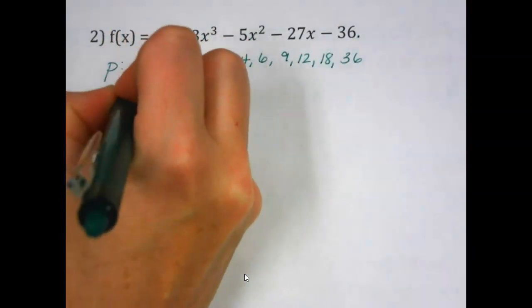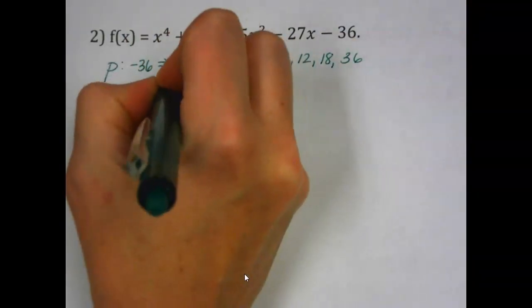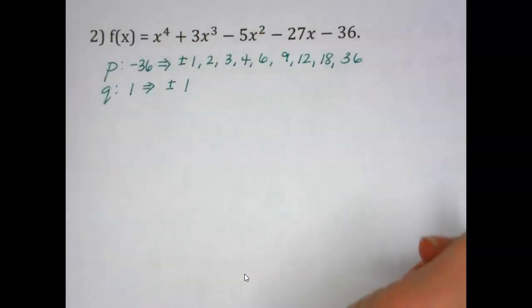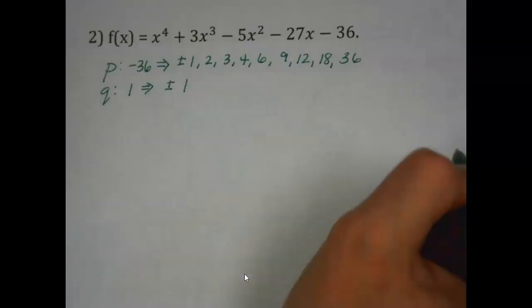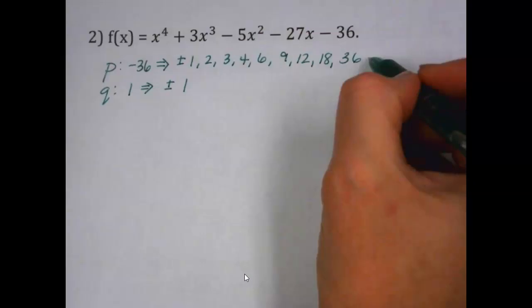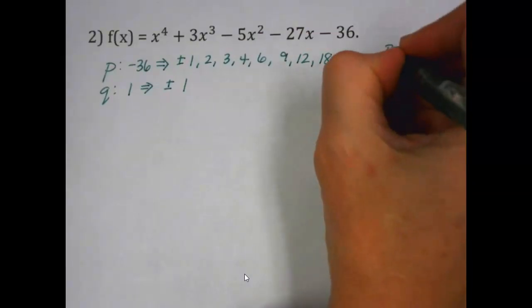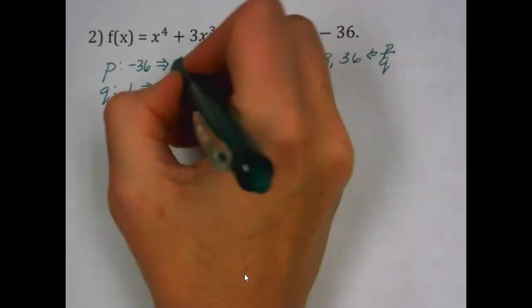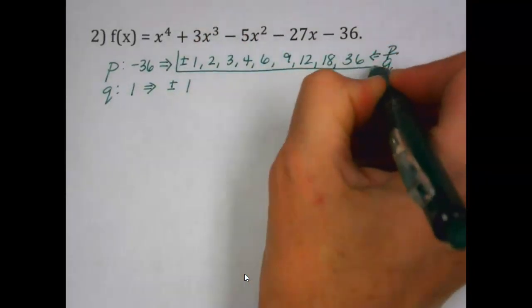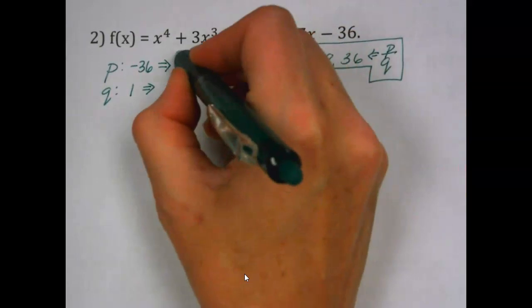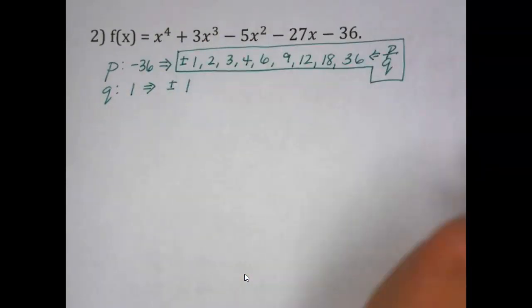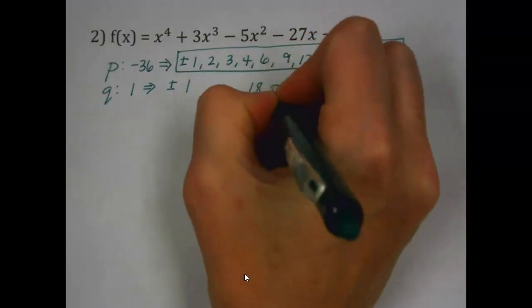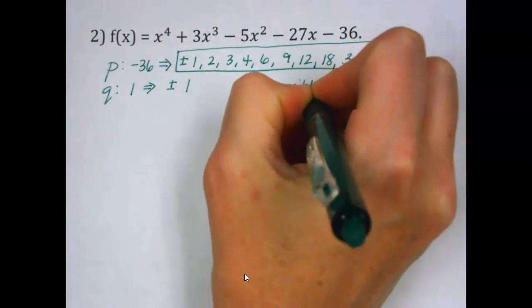Luckily, our leading coefficient is just 1, so it only has factors of 1, which means that all of these, when we divide it by 1, stay the same. So our P over Q list is the same thing as our P list. So if we count those up, we find out that we have 18 possible rational zeros.